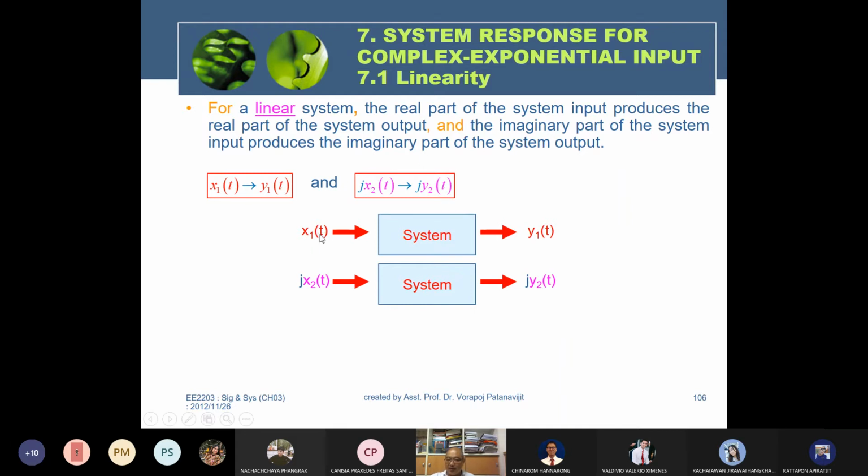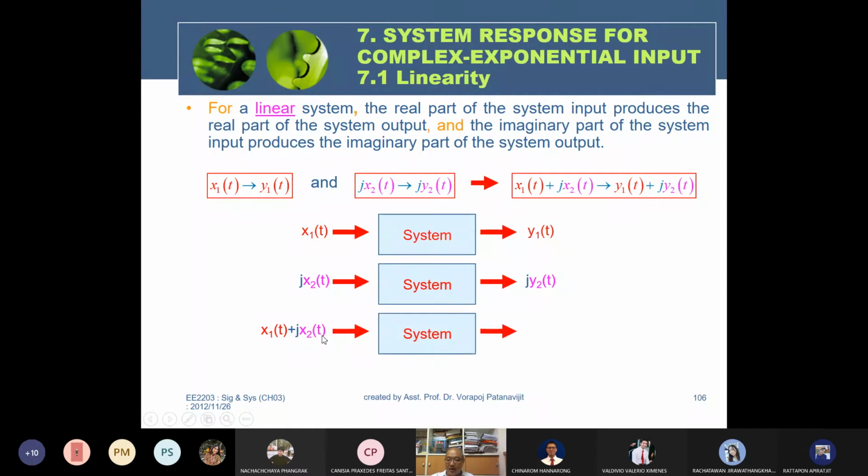If x1 is real, output y1 is real too. If x2 is imaginary, jx2, the output will be imaginary too. Therefore, from linearity, if x1 plus x2, real plus imaginary, gives you a complex input, the output will be real plus imaginary too.